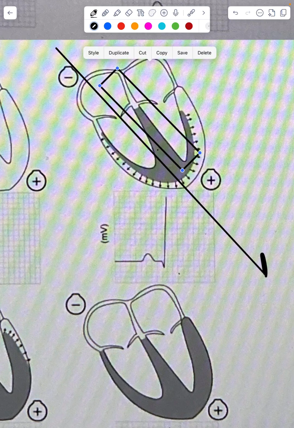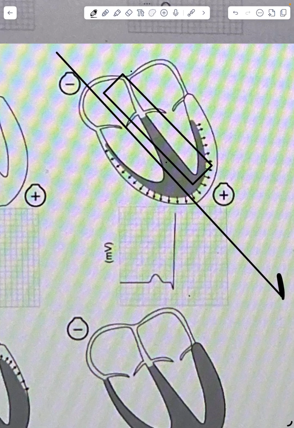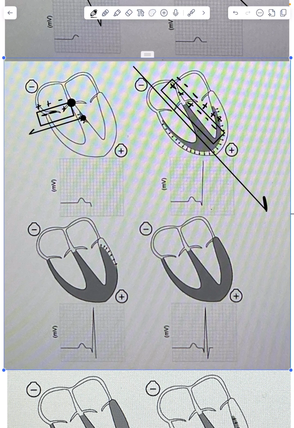So what's going to happen is that we are going to get these negative charges forming, and this is going to be the highest point because it's going to have the nicest dipole effect, or like a perfect dipole effect, and we're going to get this big magnitude. And it's a huge uptick because it's very close to this sensor here. But it also has a lot of depolarization occurring.